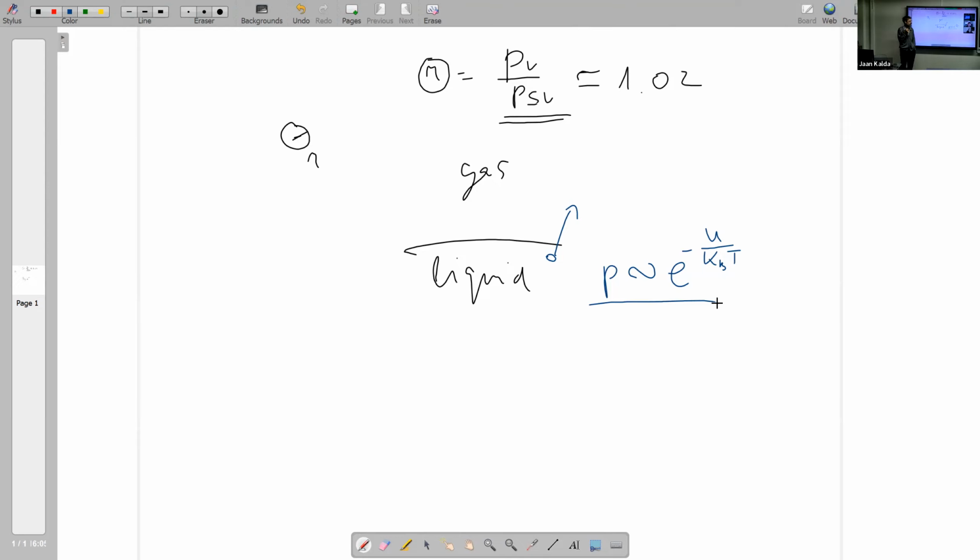The rate at which they jump up is proportional to the probability of gaining energy U. You can see that if temperature goes up, the exponent gets smaller in magnitude and the probability will grow. So if T grows, P also will grow, the probability of jumping up.